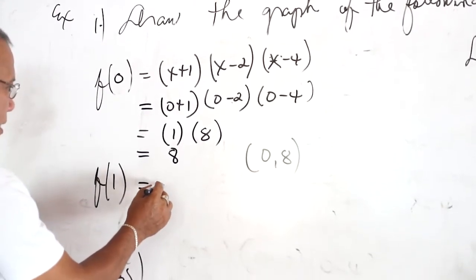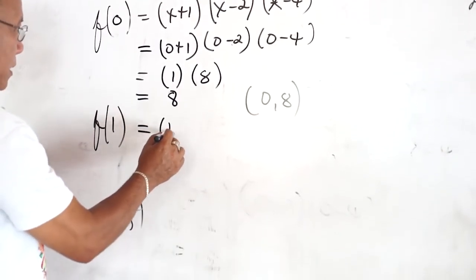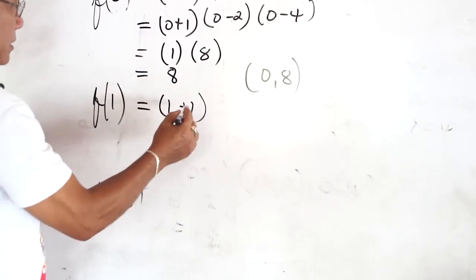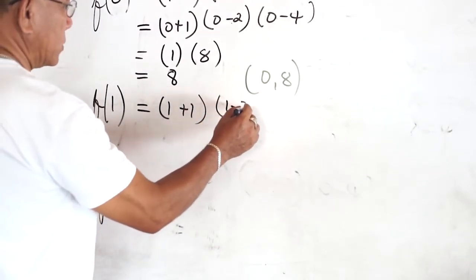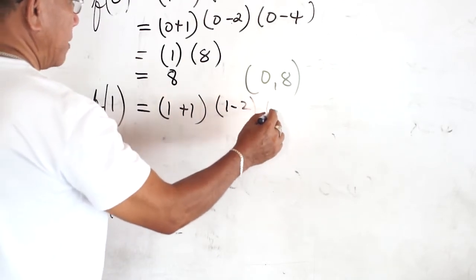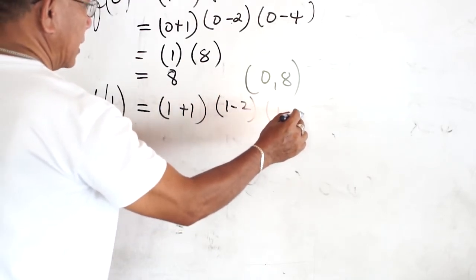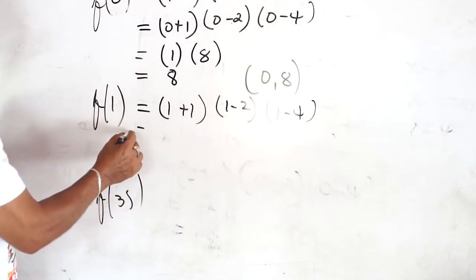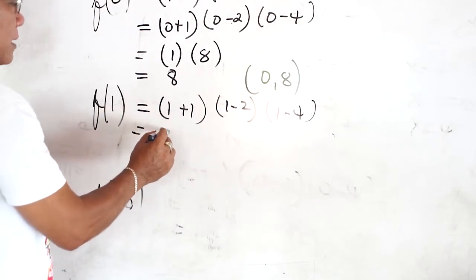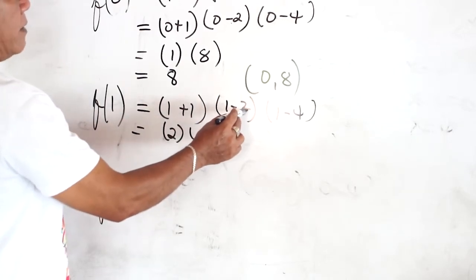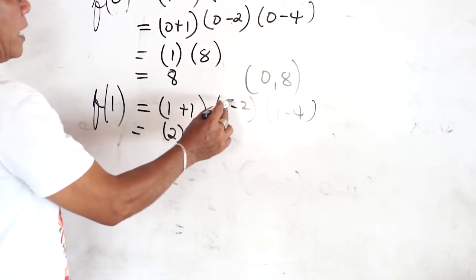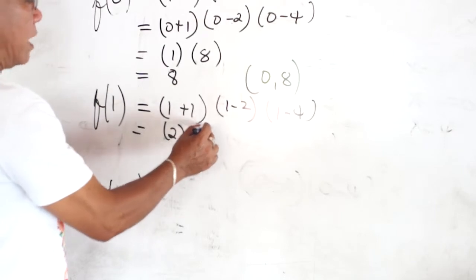The next, f of 1. So we have 1 plus 1, then 1 minus 2, then 1 minus 4. Then simplify. We have 1 plus 1, that is 2. Then we have negative 2 plus 1, the result is negative 1.